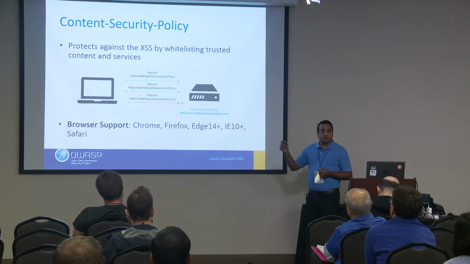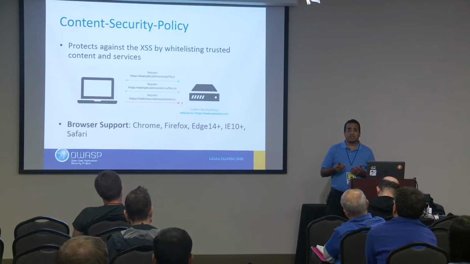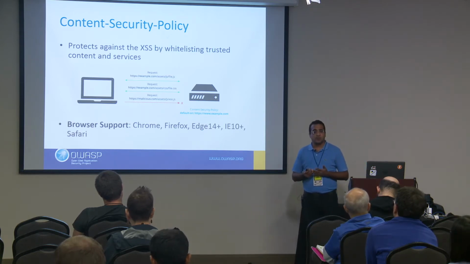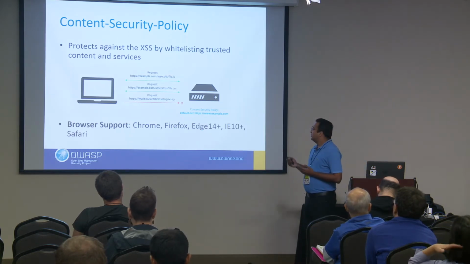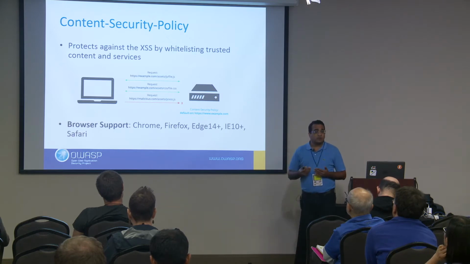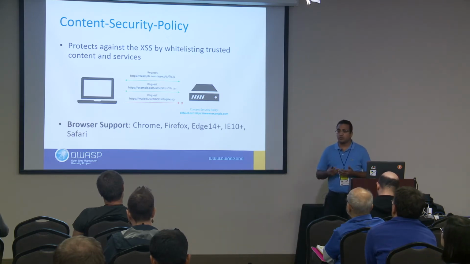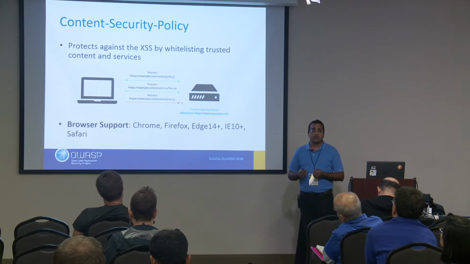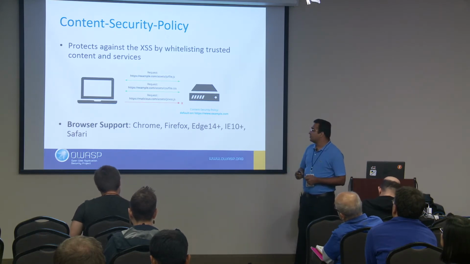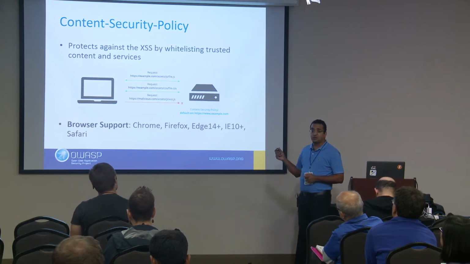What it means is that when the browser is asked to download JavaScript or CSS from example.com, the browser would allow that. But when you try to download something from malicious.com, which could be because of an XSS attack or whatever, the browser would automatically reject that because that is not part of the whitelisted sources.